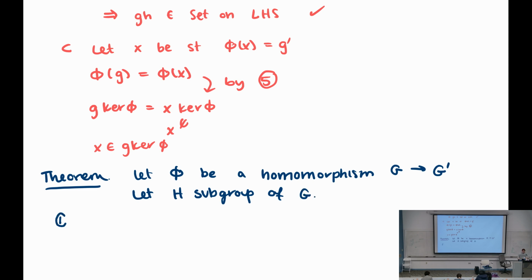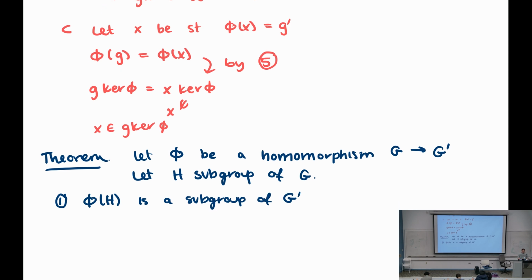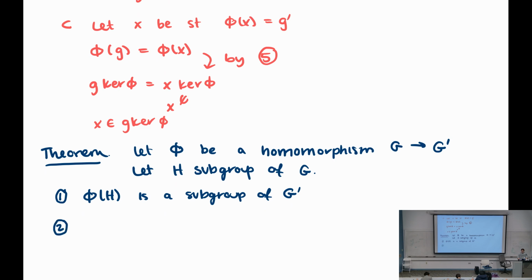The first one is that phi of H is a subgroup of G prime. The second says that H is cyclic or abelian or normal. I'm going to rephrase this.